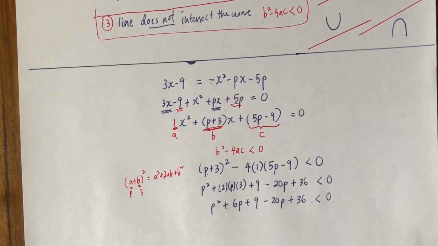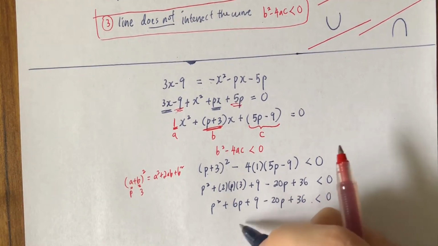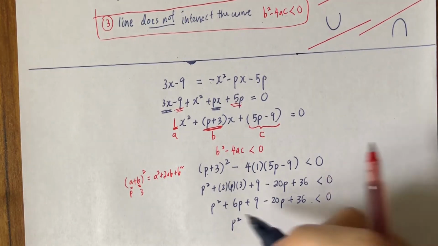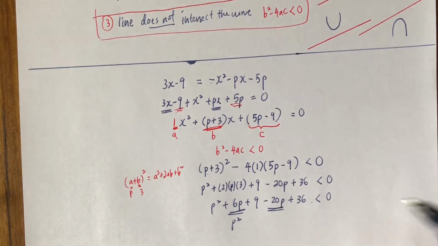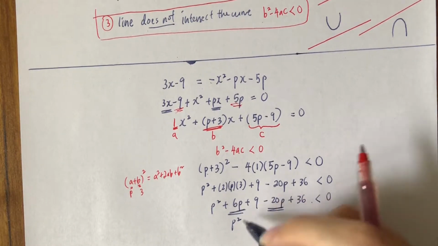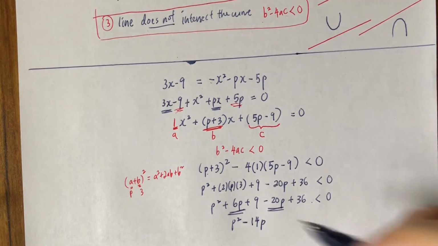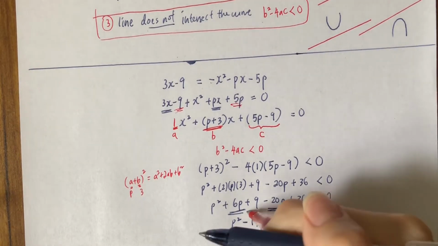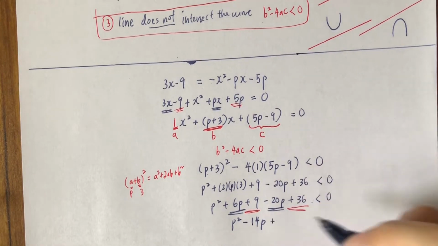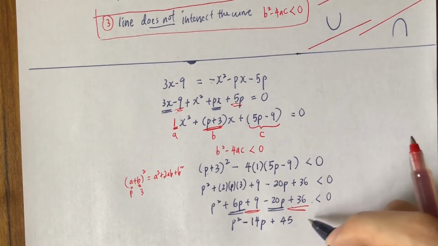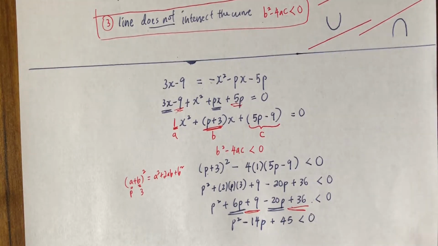After that, we will simplify this whole expression further. So p squared plus 6p minus 20p, 6 minus 20 will give us negative 14p. Then we have a plus 9 together with a plus 36, and that will be plus 45. And remember, lesser than 0.